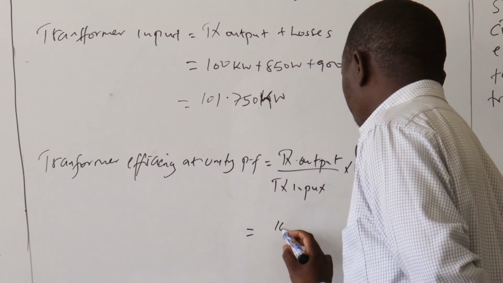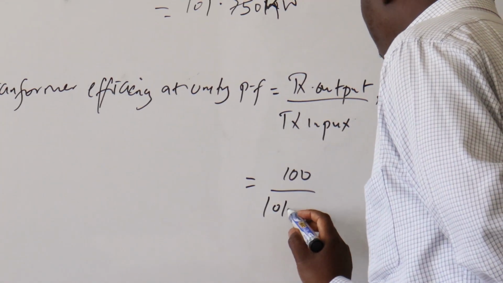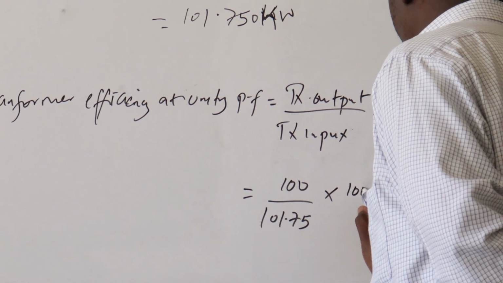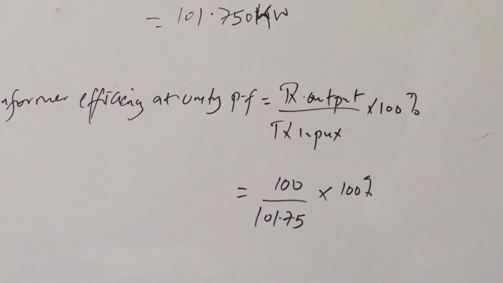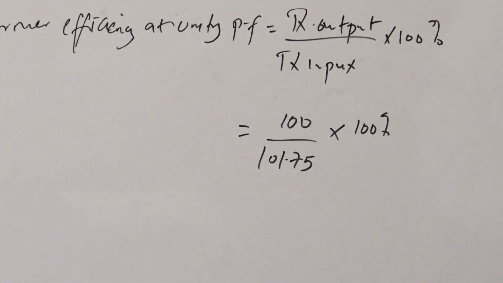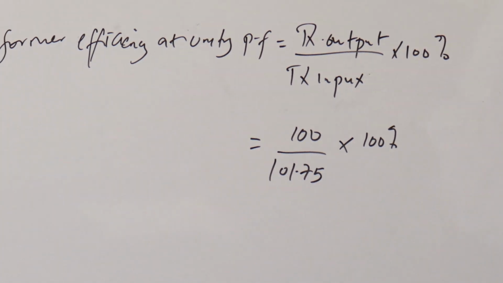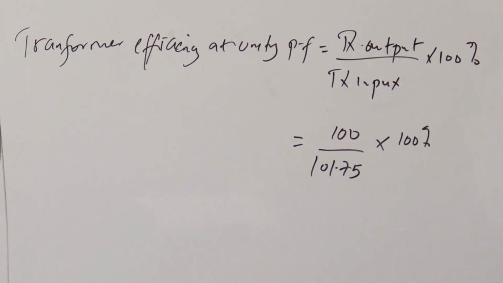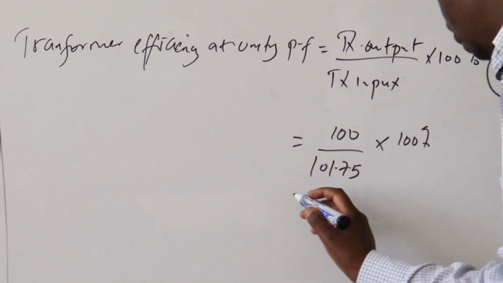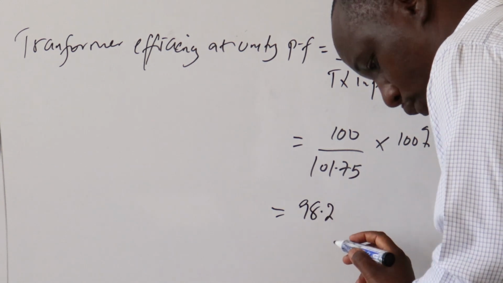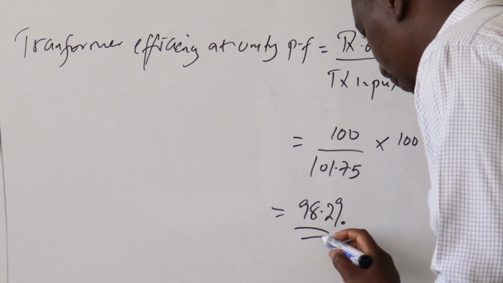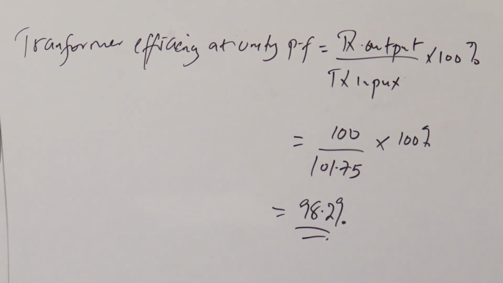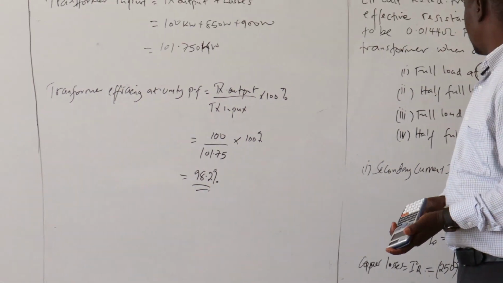The output is 100, our input is 101.75, times 100%. This is around 98.2%. This is the first part of the question, delivering full load at unity power factor.